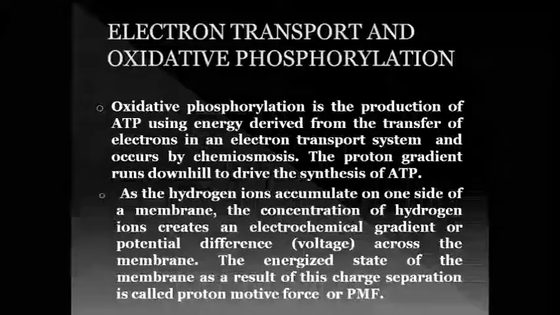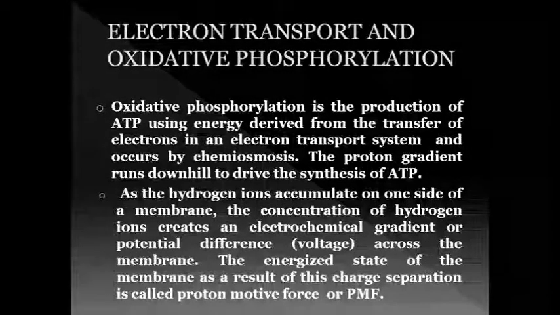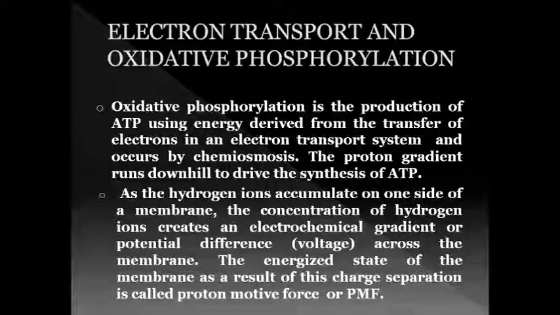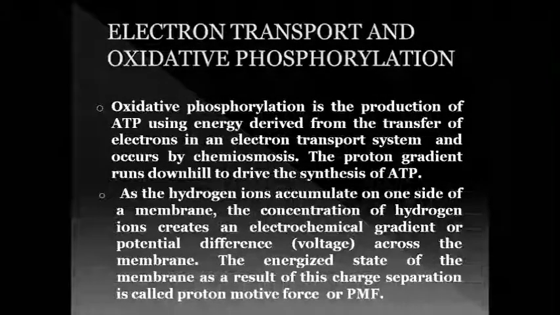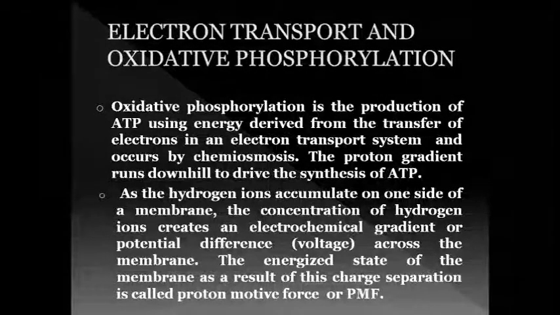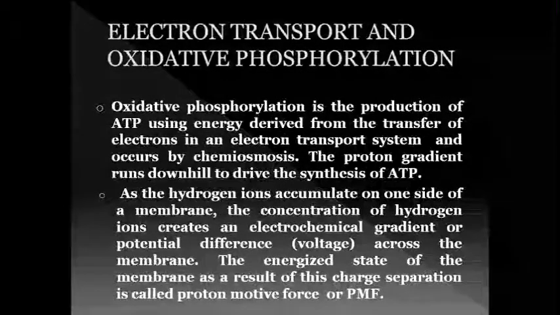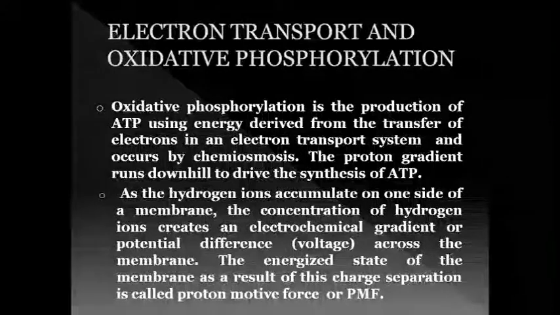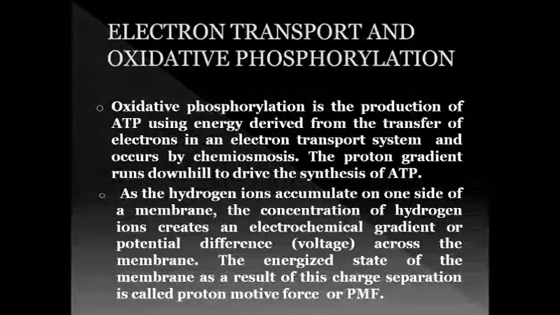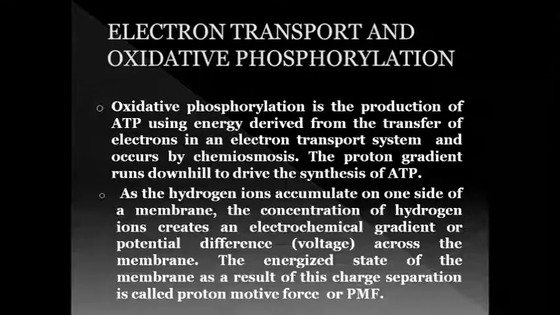Oxidative phosphorylation is the process in which ATP is formed as a result of transfer of electrons from NADH or FADH2 to oxygen by a series of electron carriers. In other words, it is the production of energy in the form of ATP during oxidation reduction reactions of electron carriers in the electron transport chain.